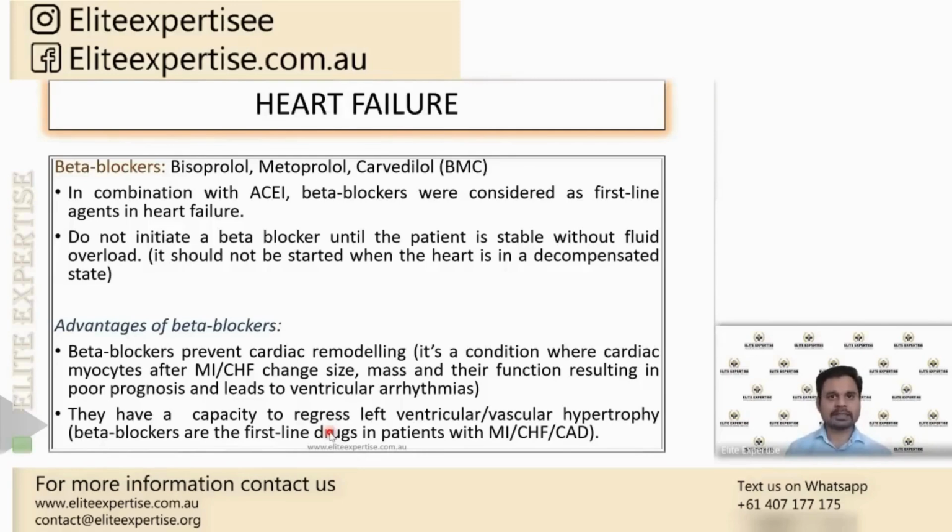Like if the patient has hypertension with myocardial infarction, hypertension with congestive heart failure, hypertension with any coronary artery disorders, like angina pectoris, okay, then beta blockers are to be considered as the first line agents, because beta blockers have a cardioprotective property.